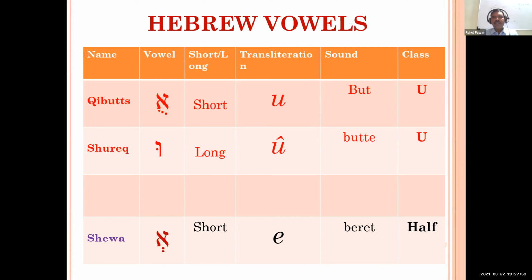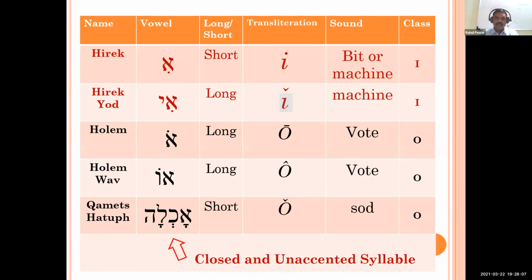Any doubts regarding these 3 vowels we have learned? I, O, and U. See, before coming to the class, you have to read the chapter. If it is the second chapter, you have to read it at least 2 or 3 times, then only you will understand the vowels properly.